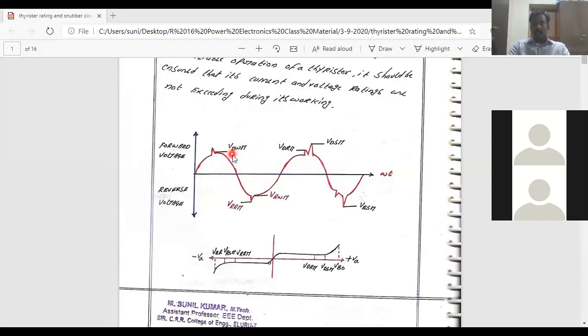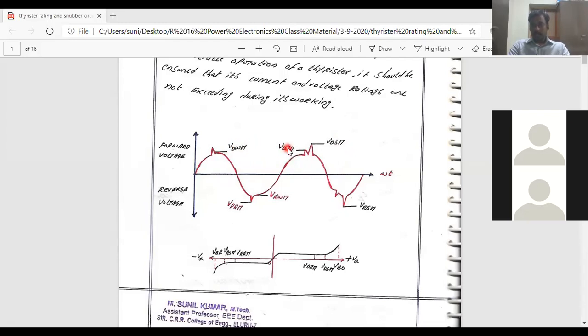So VDWM is the forward blocking state maximum working voltage. W stands for working.